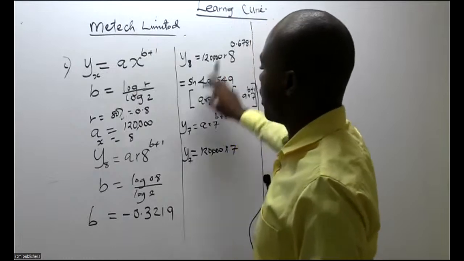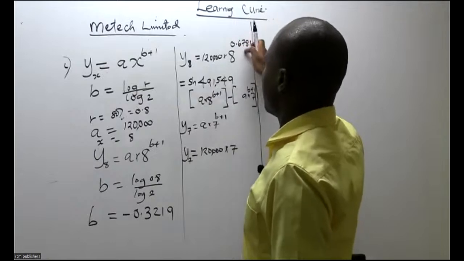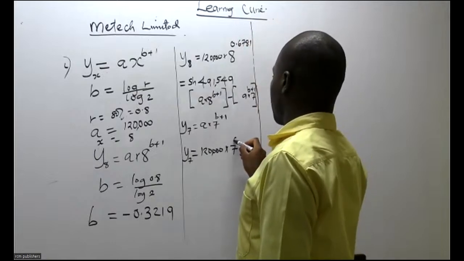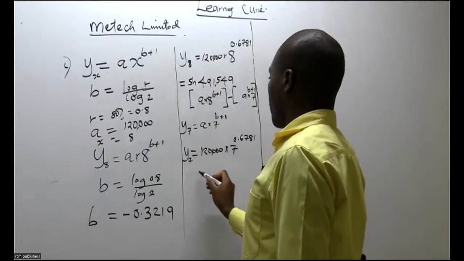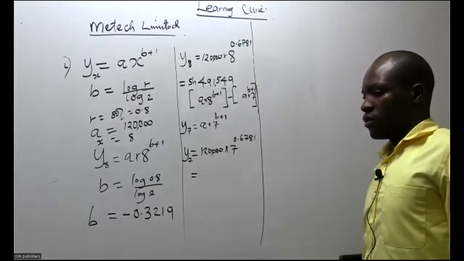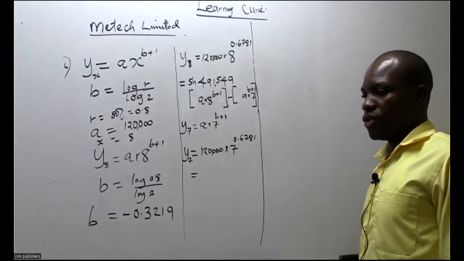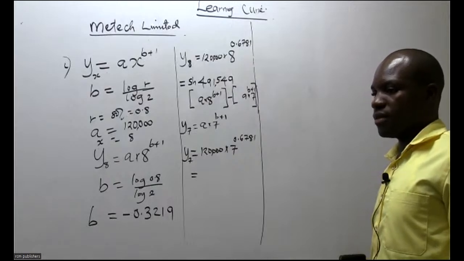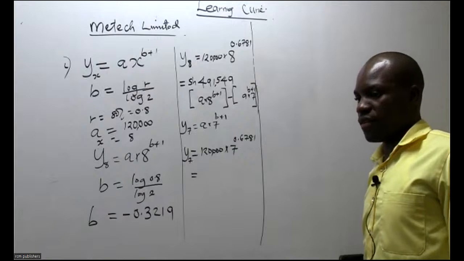Your b is this one here, plus 1 gives us what is up there. So raised to power 0.6781. Then somebody should be able to give me the total for the first 7 batches.